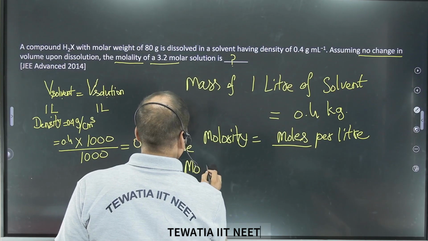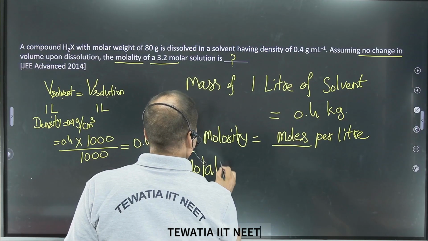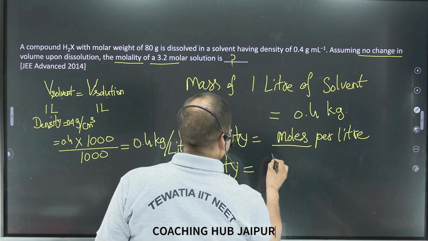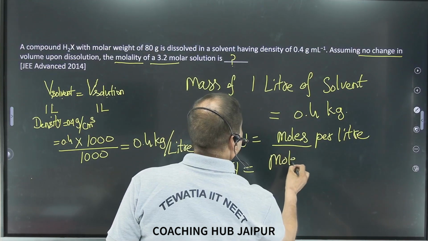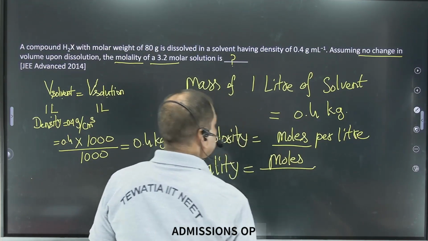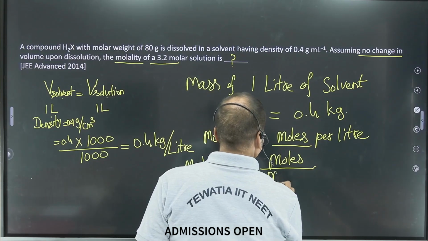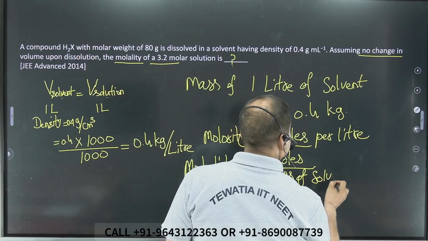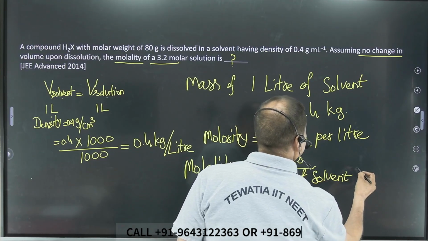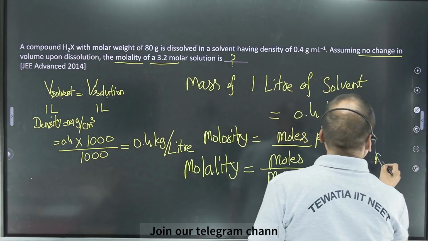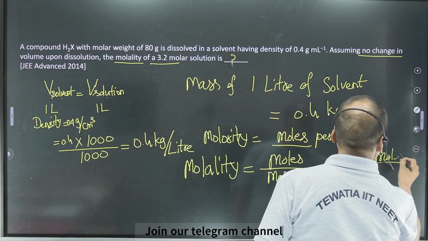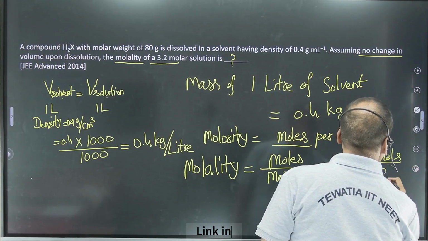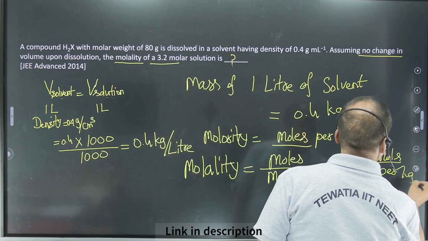So molality is equal to moles divided by mass of solvent, or moles per kg.